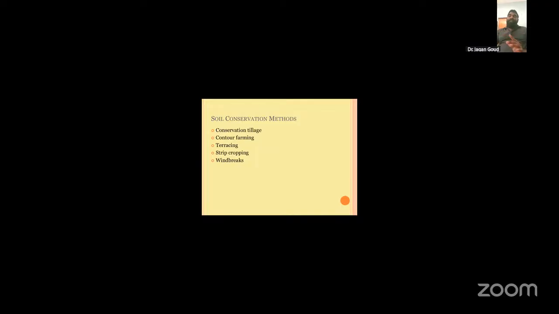What is meant by conservation tillage? Conservation tillage is a farming practice that minimizes soil disturbance and retains crop residues on the soil surface. Some types are no-till farming, reduced tillage, and mulch tillage.